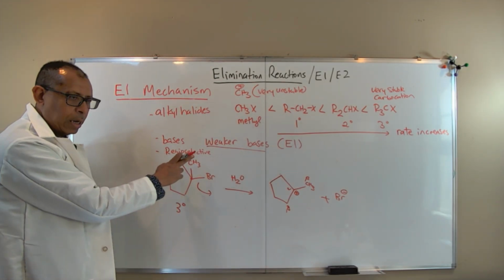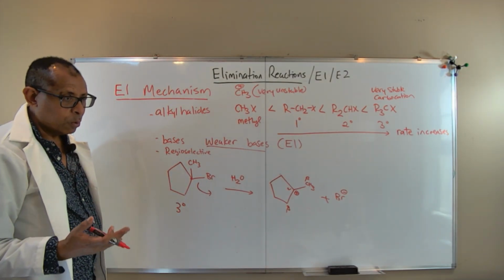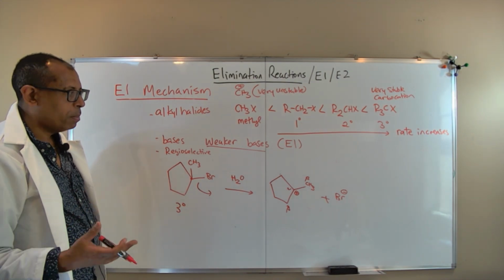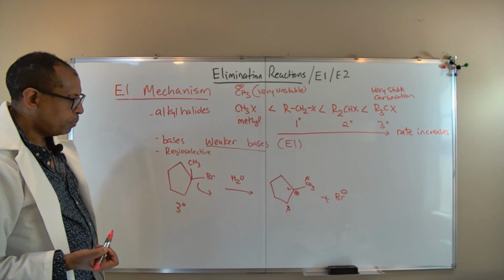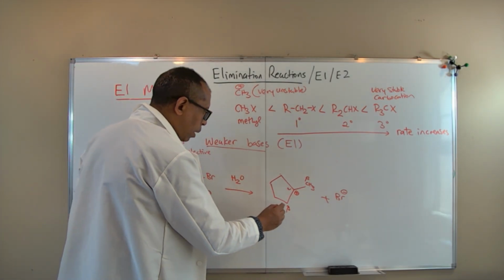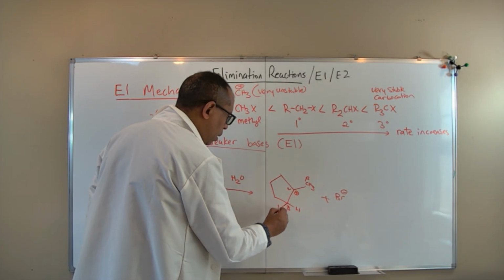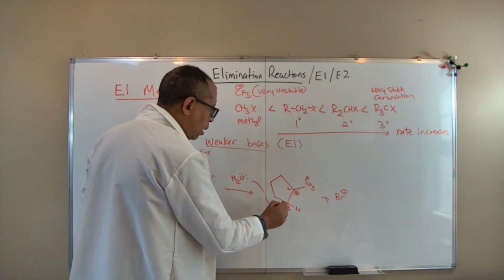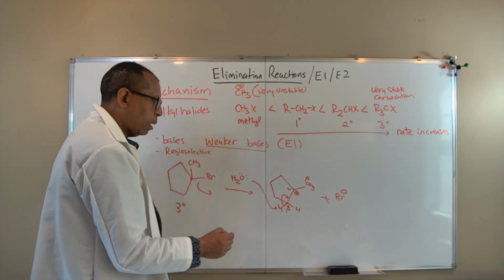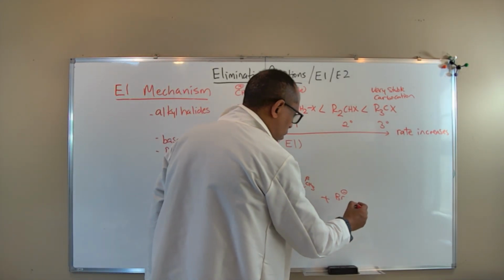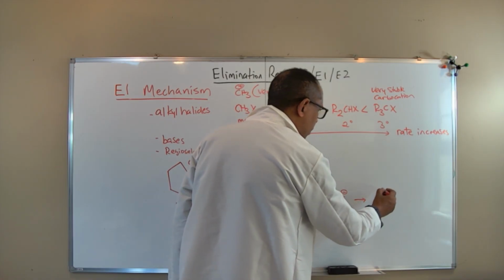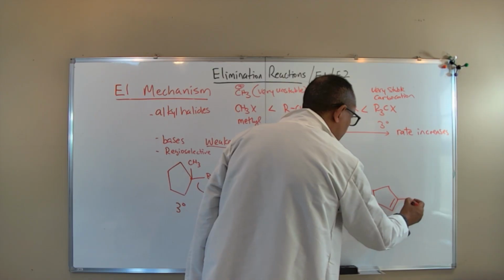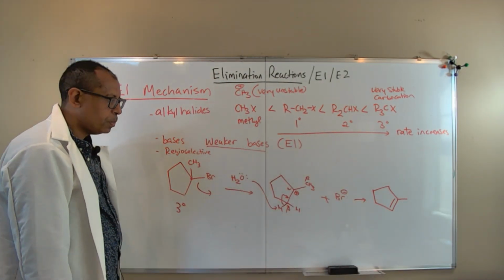That's where the regio-selectivity, or the Zaitsev rule, comes in: a more substituted alkene is what you form as the major product. So water comes in and abstracts a proton from here. This forms a double bond over there, so that would give us this product. This is one product.